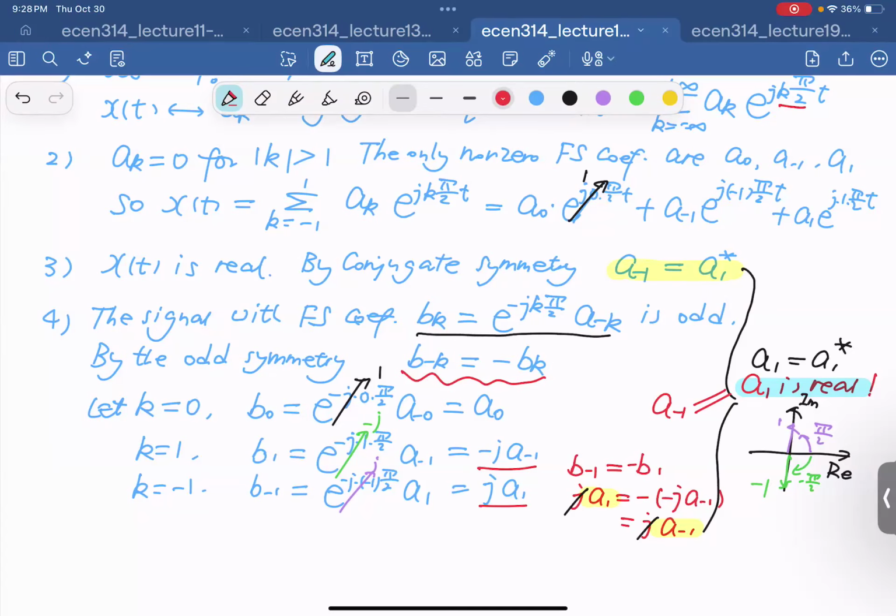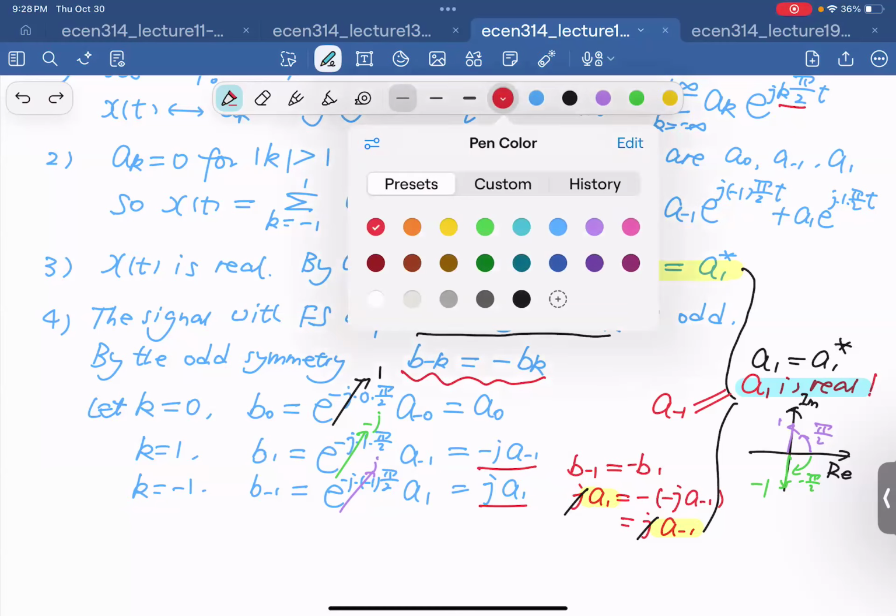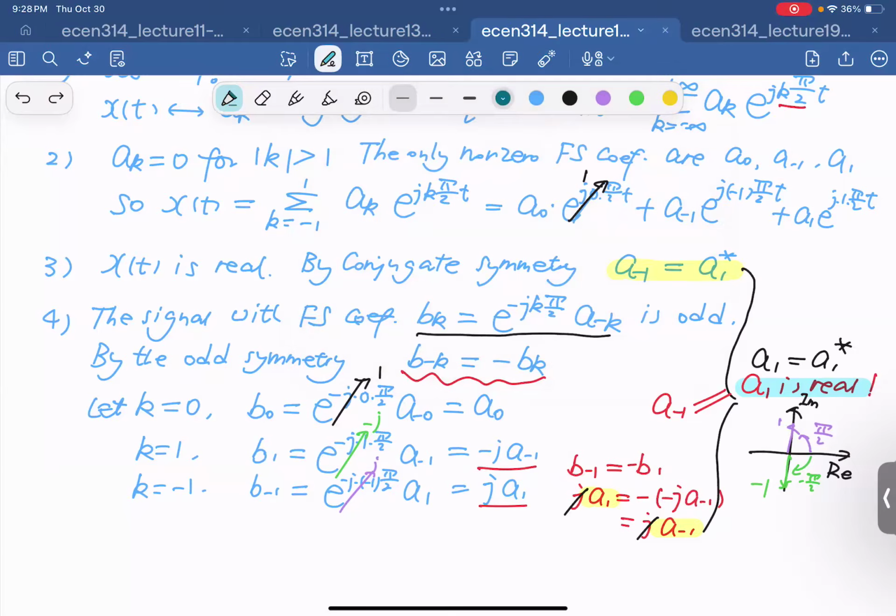Lastly, A sub 0. Let's see. What do we know about A sub 0? Okay, so what I have is this. B0 equals A sub 0. Okay, let's use a different color. B0 equals A0.